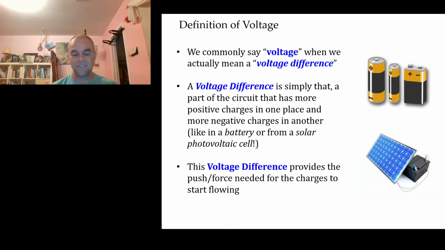And the voltage difference is the difference between the top and the bottom, if you like. So this is a 1.5 volt AA battery. You could call the bottom 0, the top is 1.5 volts. So we're really looking at the difference between the top and the bottom when I say a voltage. So you'll hear me use the word voltage and voltage difference quite a bit this semester, but they mean the same thing.